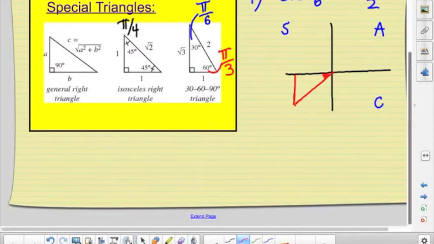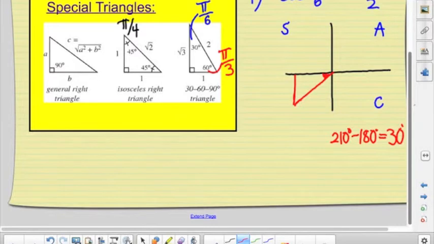Well, very simple. If I know this is 210 degrees, I'm going to figure out 210 degrees minus 180 degrees. What is that answer going to be? 210 minus 180 degrees is 30 degrees, right? So this is the 30-degree triangle.